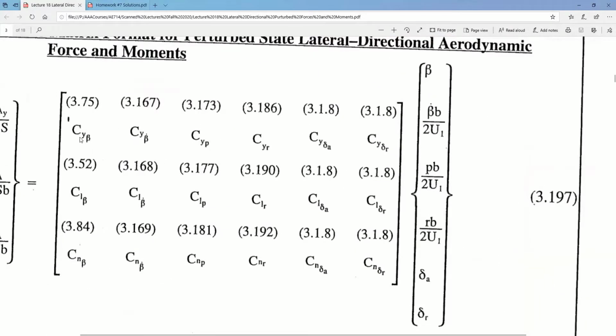So we've done this column, beta dot, P, and we just finished R. And the aileron and rudder stuff we've already talked about when we talked about the steady state forces and moments.